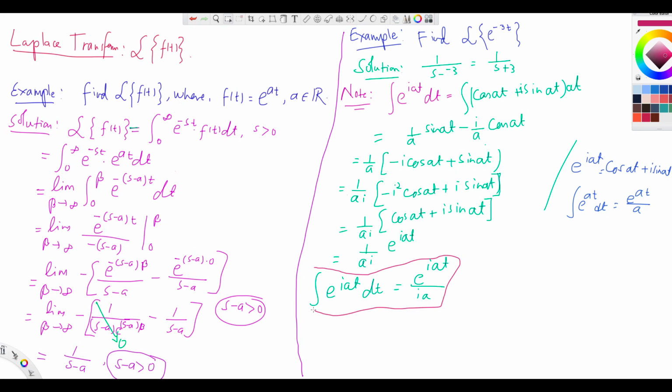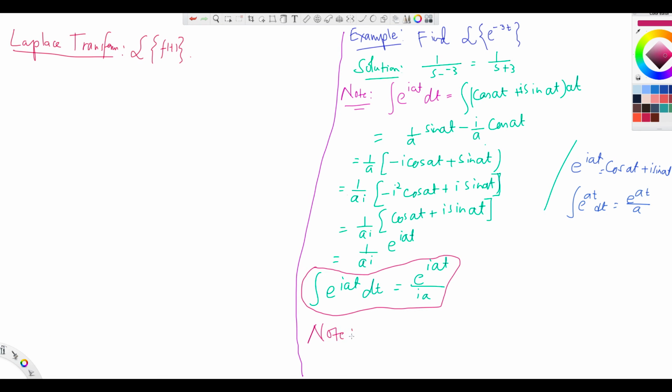That's what I wanted to show you, that by similar techniques, you can show that the integral of e to the (a plus ib)t dt equals e to the (a plus ib)t over a plus ib. We can use exactly the same method to prove this.